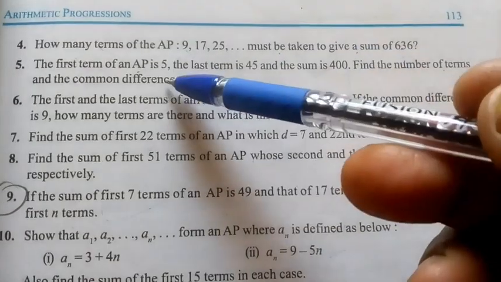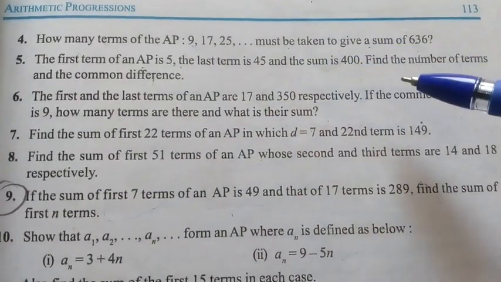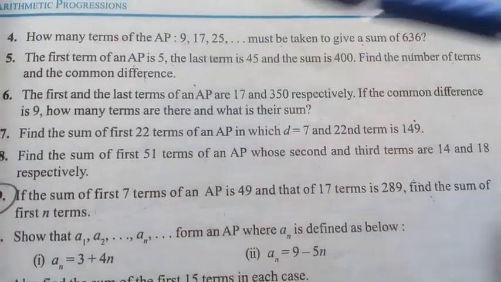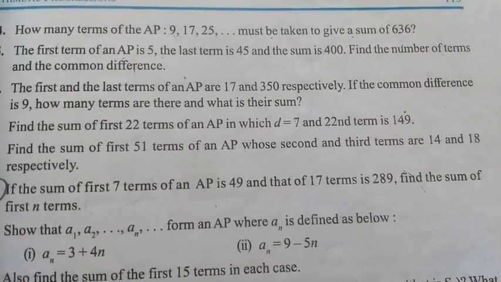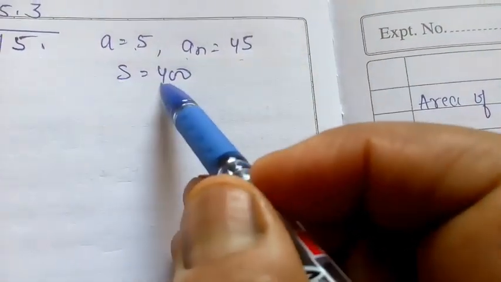Question number 5. The first term of an AP is 5 and the last term is 45. The sum is 400. Find the number of terms and the common difference. a equal to 5, an equal to 45, sum is 400.